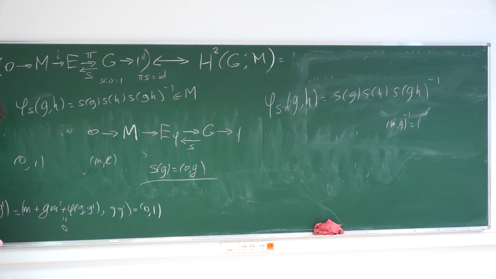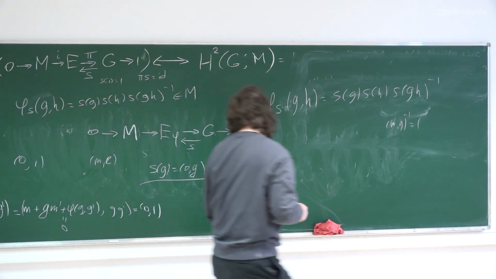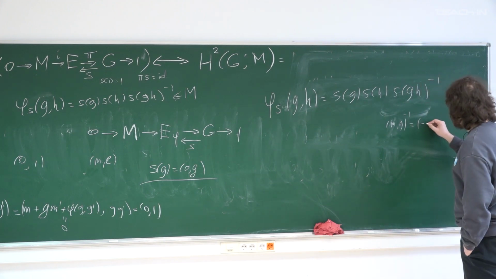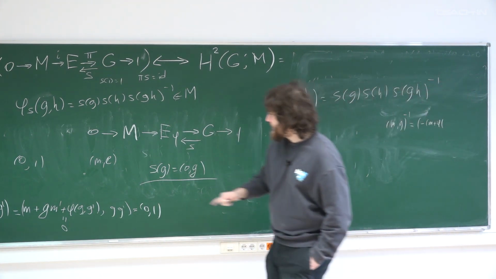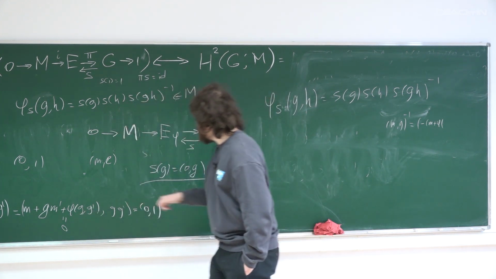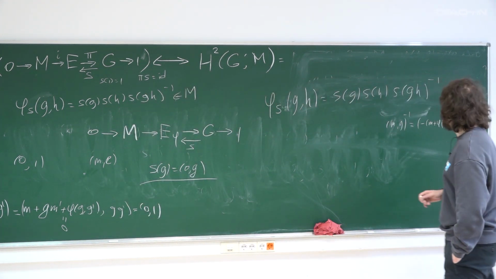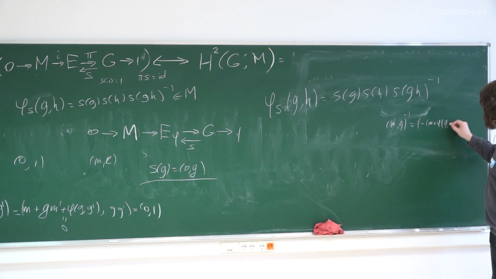So m prime is minus m minus phi of g and g inverse, because here g prime must be g inverse. We know this.